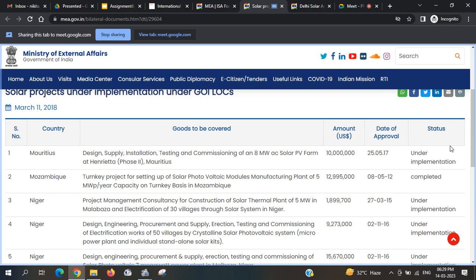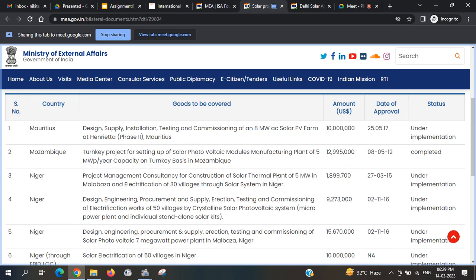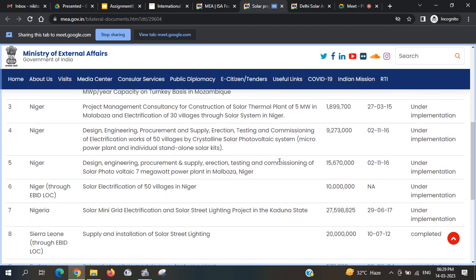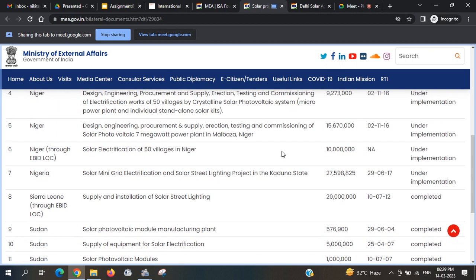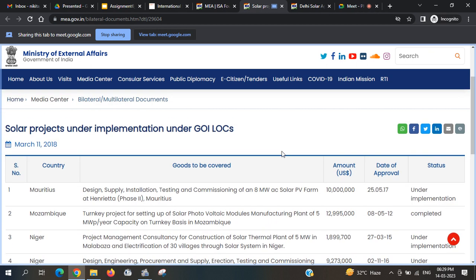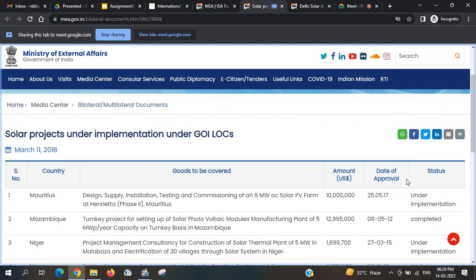So for example, you can see there is a project for construction of a solar PV farm at Mauritius, which is under implementation. Then for Mozambique, then Nigeria, Sierra Leone, Sudan, Suriname, Senegal, different countries, and it mentions the details of the amount credited as the government of India's line of credit, and the status of different projects.